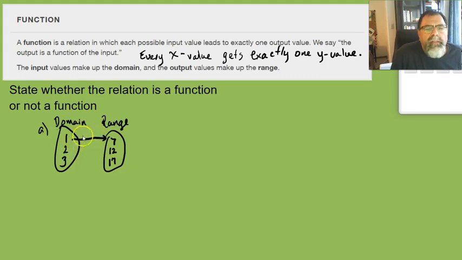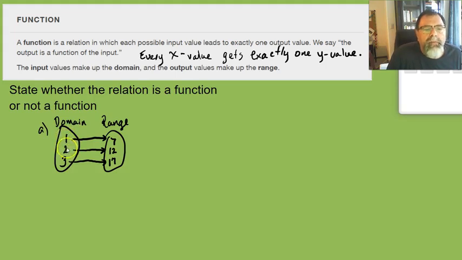That will represent the ordered pair (1, 7). 2 gets assigned to 12. And 3 gets assigned to 7. Notice that each member of the domain got paired with, assigned to, matched or corresponds to a value. You can use any of those words. So 1 corresponds to 7, or 1 is assigned to 7, or 1 is paired with 7. You can say any of those things.